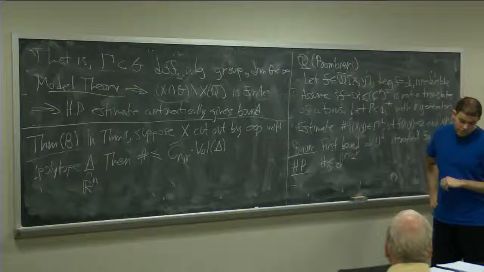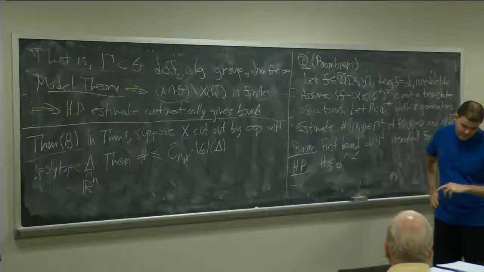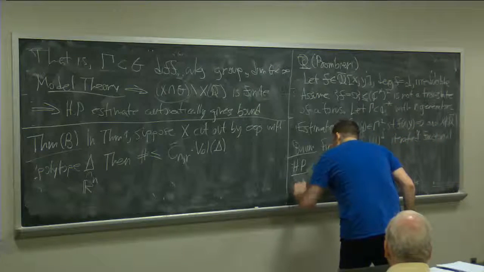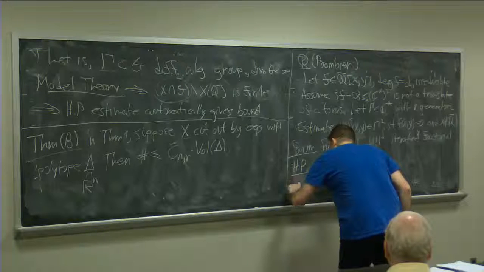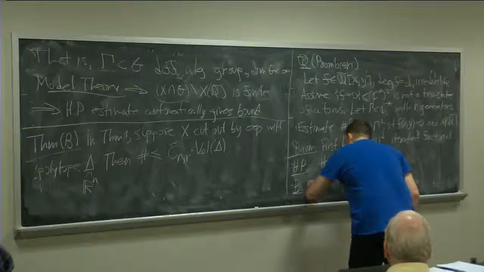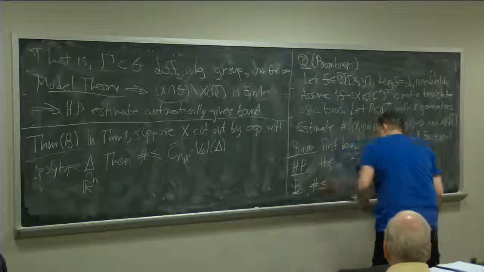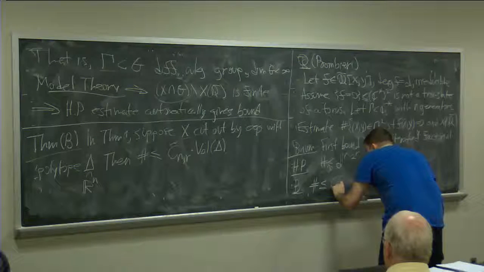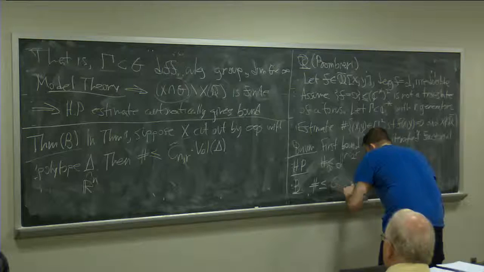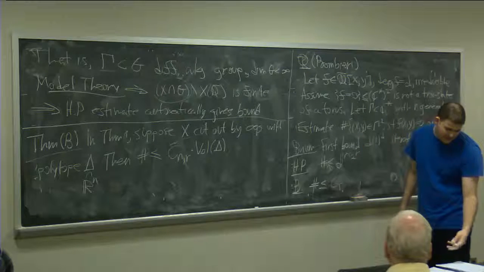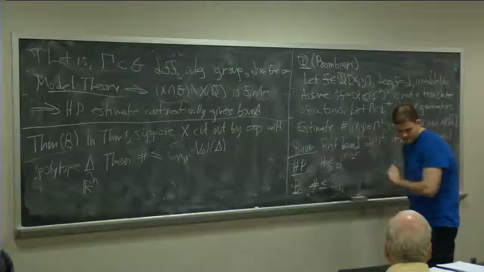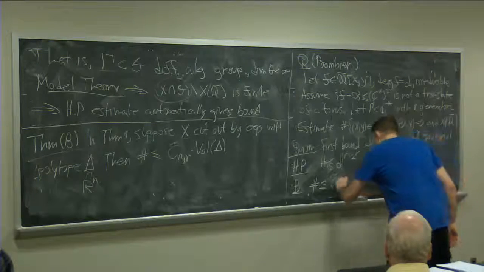And if you apply my result, then finally we get that the number is less than some constant depending on r, but in a single exponential, times d squared.